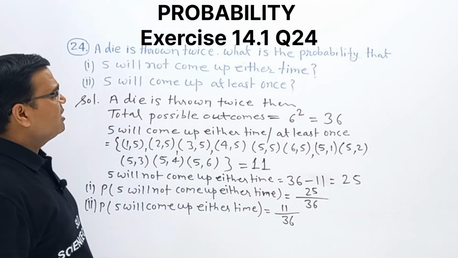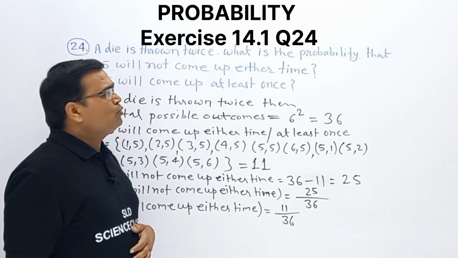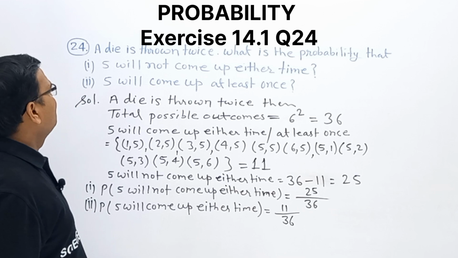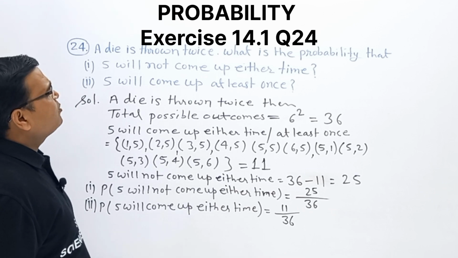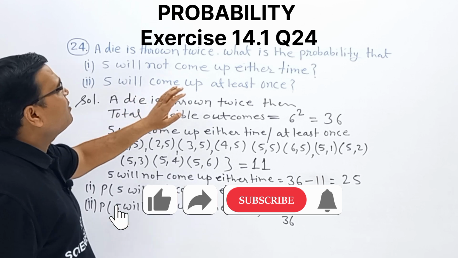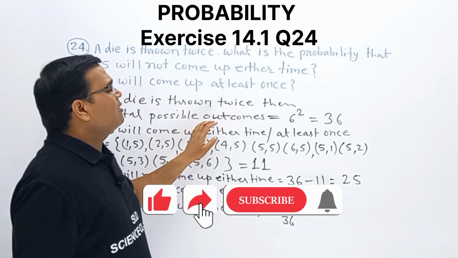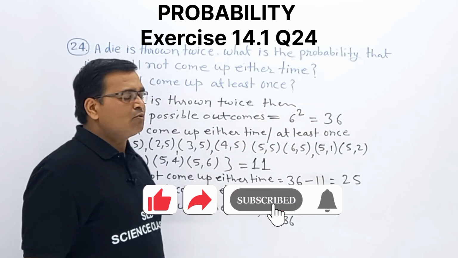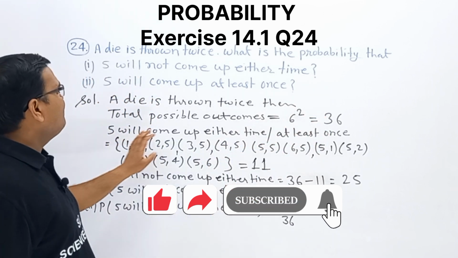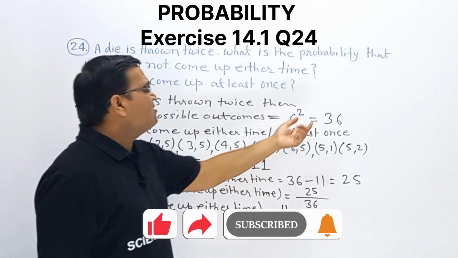Clear? Observe again what we are doing in this question. A die is thrown twice. What is the probability that 5 will not come up either time and 5 will come up at least once? A die is thrown twice, then total possible outcomes are 6 squared, 36. 5 will come up either time or at least once in 11 outcomes of these 36.